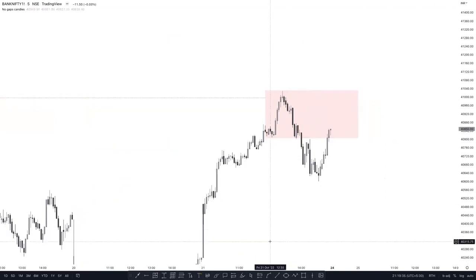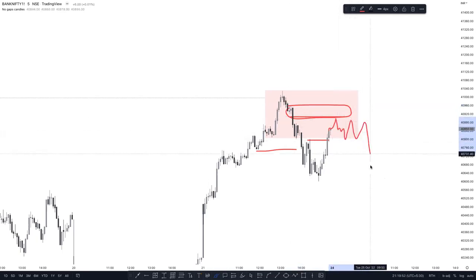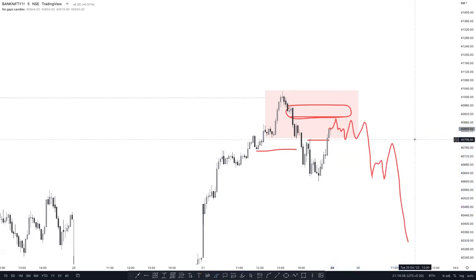You have to wait for a change of character, taking out the inducement. After taking out the inducement, you can sell here on this order block. Once price reaches here and gives any indication for the sell, then you can definitely sell here. But you have to wait for it to mitigate this one and give a reaction, then we can sell.